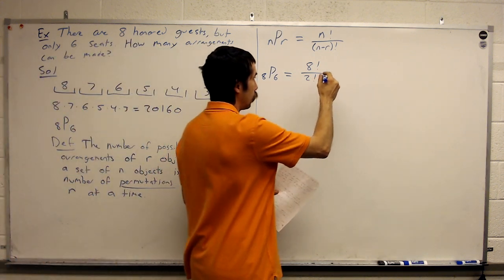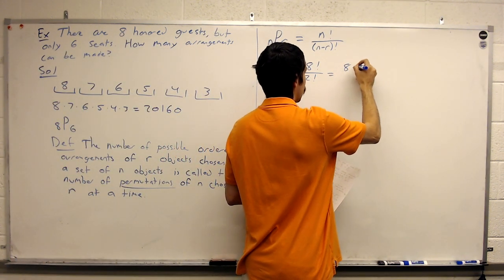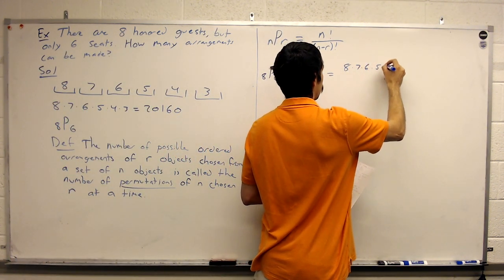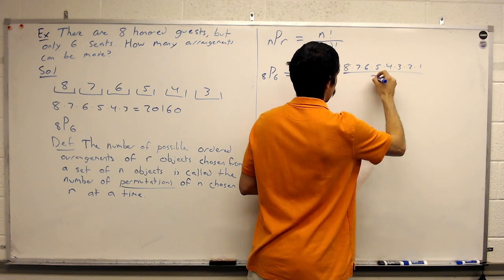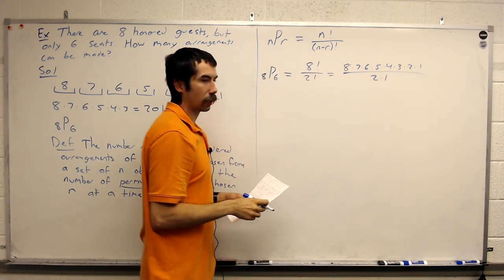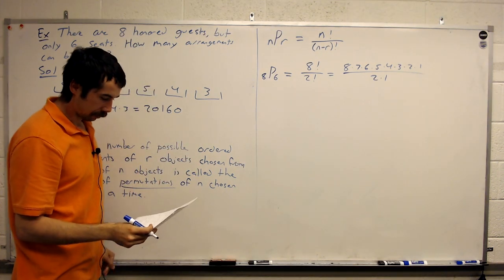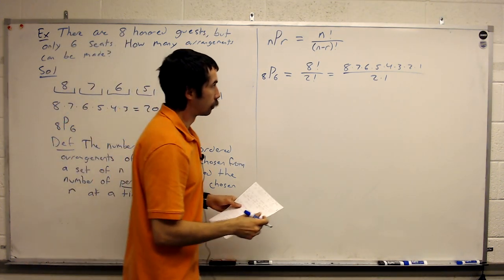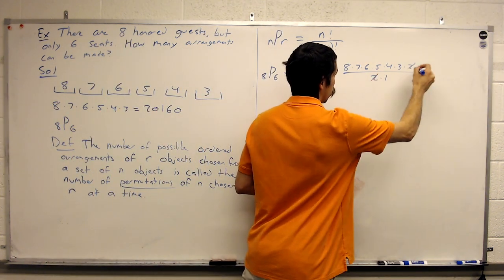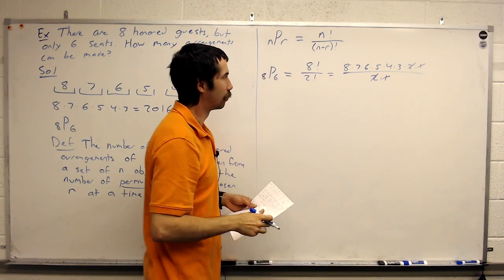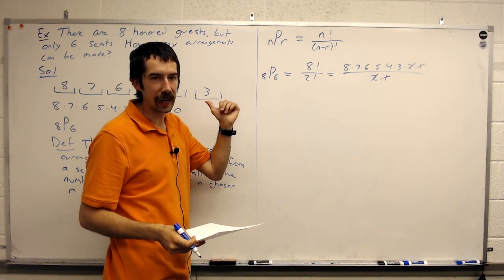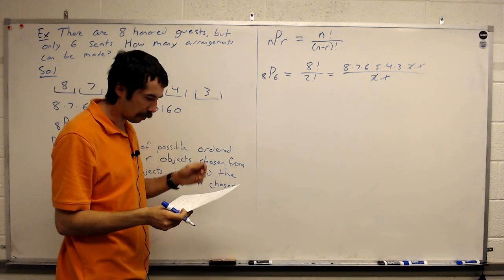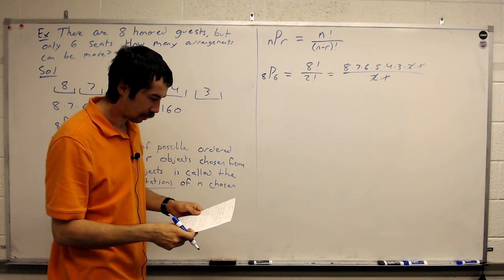Well, 8 factorial is 8 times 7 times 6 times 5 times 4 times 3 times 2 times 1. 2 factorial is 2 times 1. The 2's cancel, the 1's cancel, and we're left with 8 times 7 times 6 times 5 times 4 times 3, which is exactly the answer we got before. So the formula matches in that case.